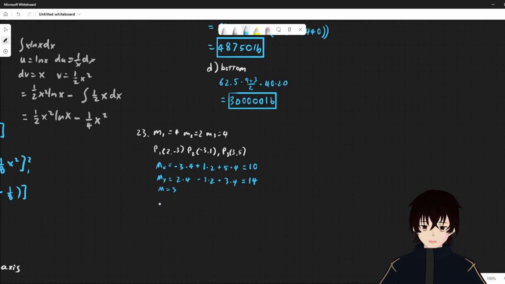And m equals 3, so we have 10 over 3, 14 over 3. Is that right? This is number 23. Wait, no, something's wrong.